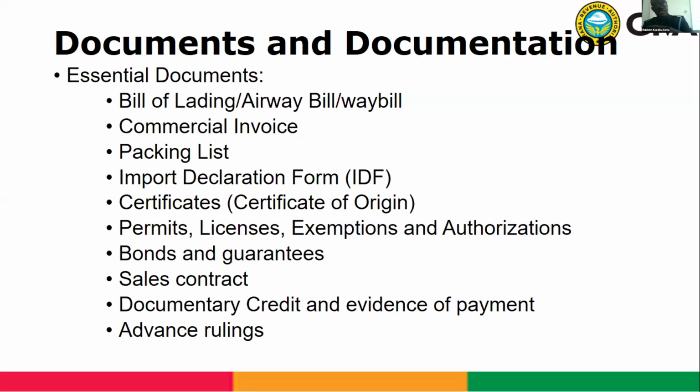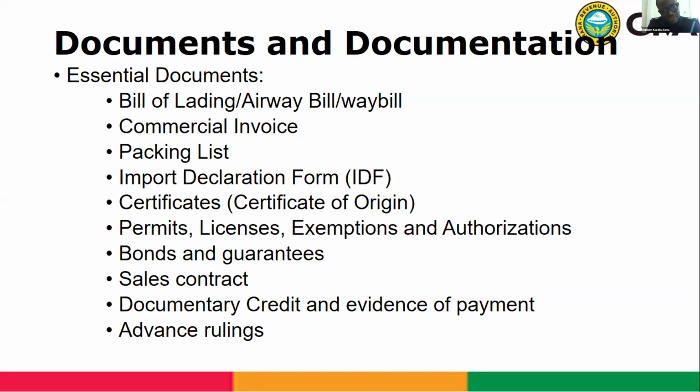So after the importer knows his roles, he also has to discuss what document and documentation an importer needs. The essential ones are your transport documents: your bill of lading, airway bill or waybill, your commercial invoice, your packing list, and your import declaration form, your certificate of origin or origin declaration, your permits, licenses, exemptions, and authorizations, your bonds and guarantees.